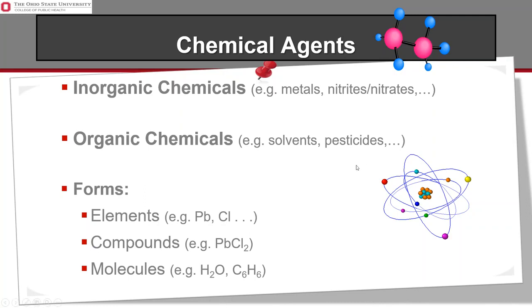And again, a little more on that as we progress. As far as organic chemicals, most of the emphasis is on organic solvents that are used for industrial purposes, pesticides, including insecticides and herbicides and fungicides that are certainly present in the environment. And they come in various forms.